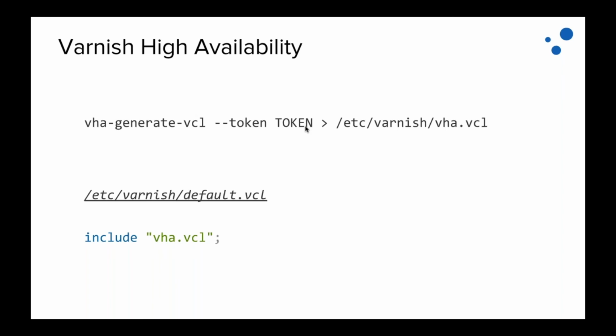You use a token, and this vha-generate-vcl will generate a VHA specific VCL based on your very unique configuration. And the VCL which is generated will have to be included again in your default VCL file.